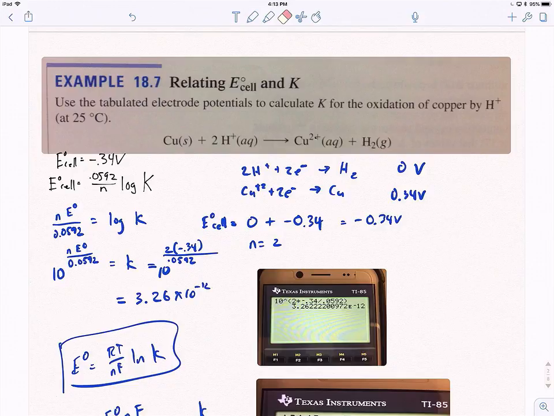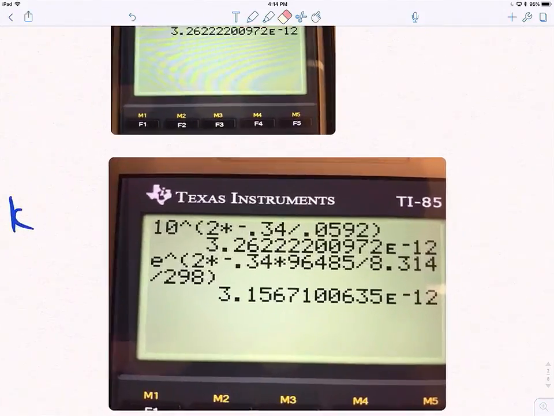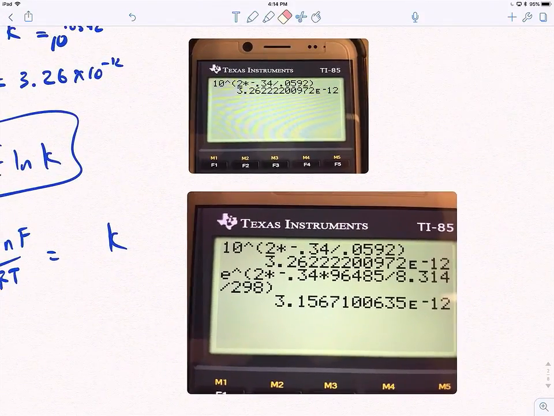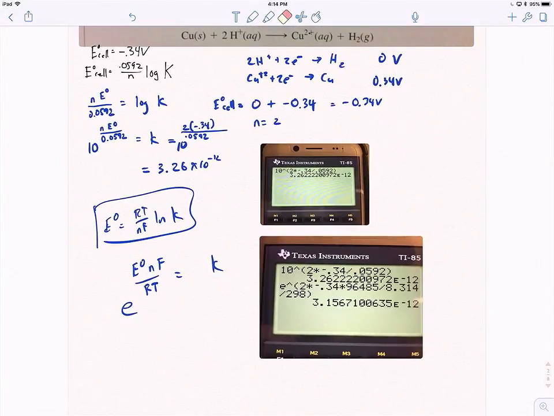Our standard cell potential is minus 0.34, and N, the number of moles of electrons transferred, is 2. Rearranging the equation, we can solve for K, and we get 3.26 times 10 to the minus 12. If you use the other equation and put in the numbers properly, you get an answer close to that, but not exact, and that's due to the truncation error. That was just an illustration.